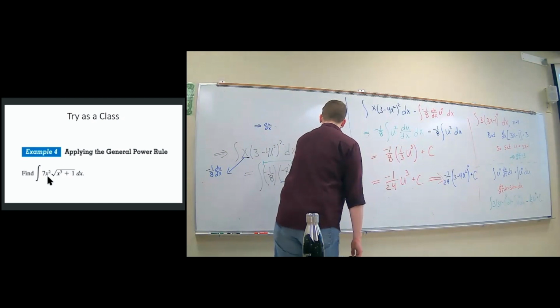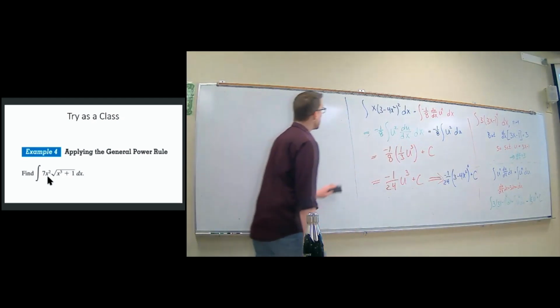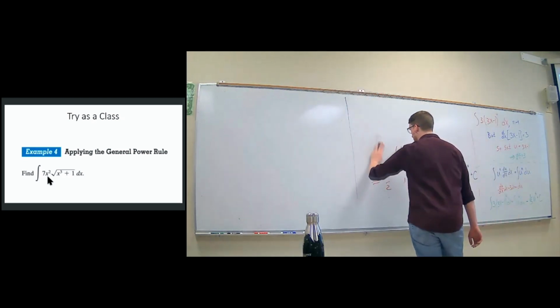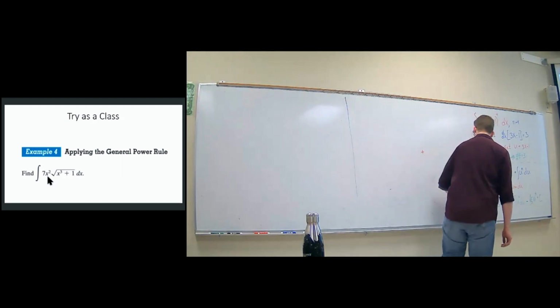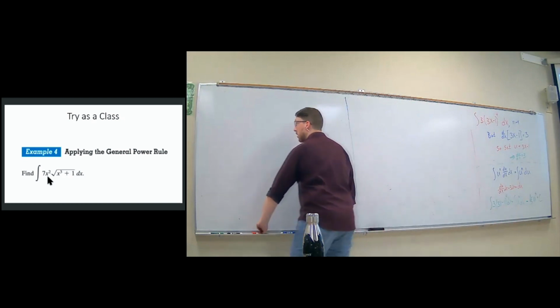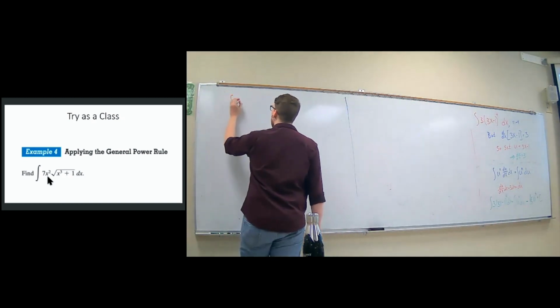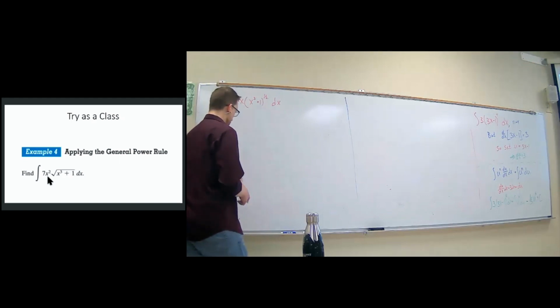Let me actually write it on the board and walk us through this problem. First, we've got the integral of 7x times the quantity x cubed plus 1 raised to the 1/2 integrated with respect to x.